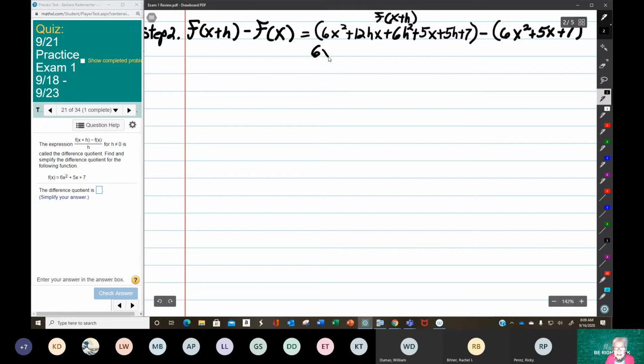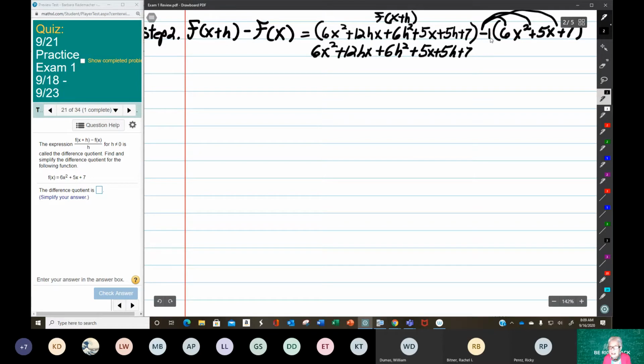So I'll just say 6x squared plus 12hx plus 6h squared plus 5x plus 5h plus 7. Here's the hard part and the dangerous part. You're going to distribute this minus sign in here and in here and in here.